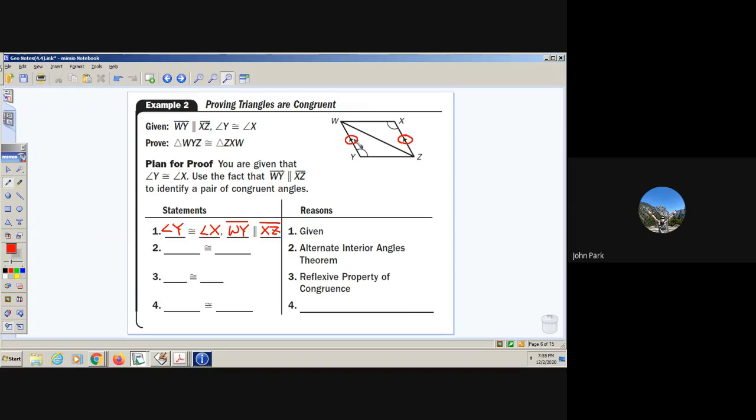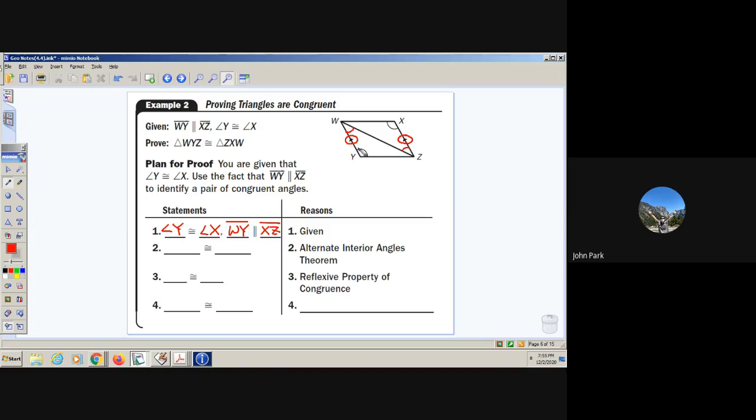So given the two parallel lines here, and that's the transversal, using the alternate interior angle theorem, this interior angle here is going to be congruent to that alternate interior angle there, right?